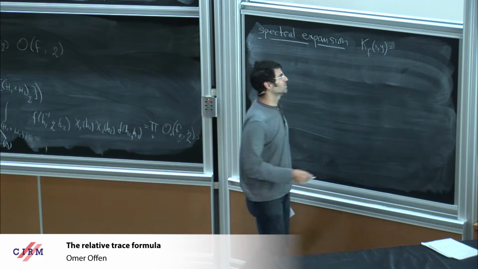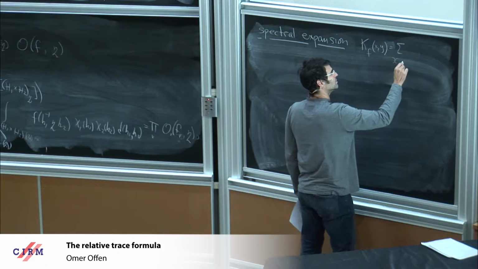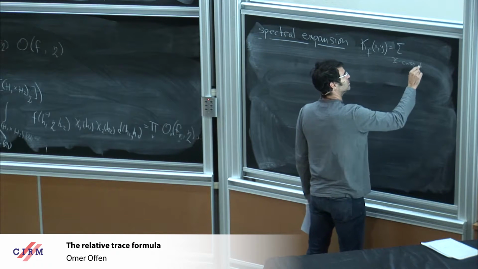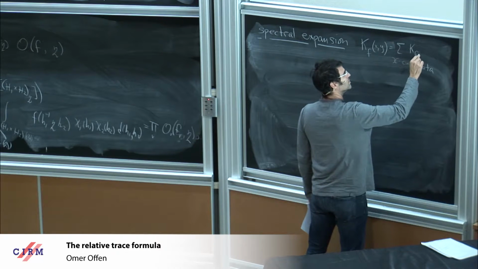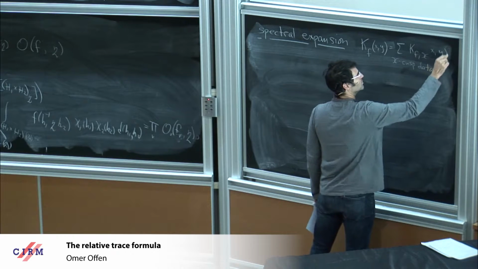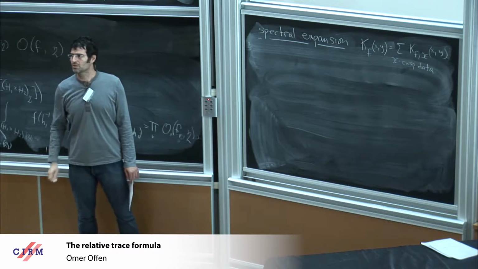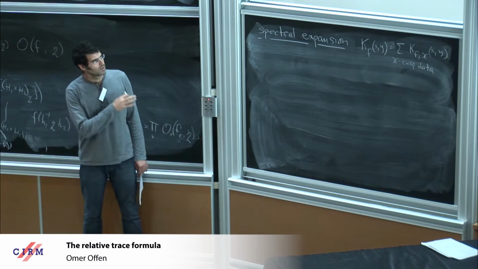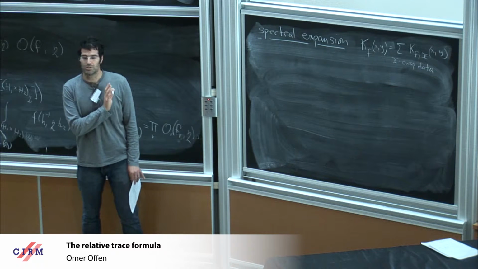So Arthur wrote down this as a sum over cuspidal data of components coming from this cuspidal data, okay, which I'm not going to explicate in general, but I'll just let you know what they are when the cuspidal data is actually a cuspidal representation of G.